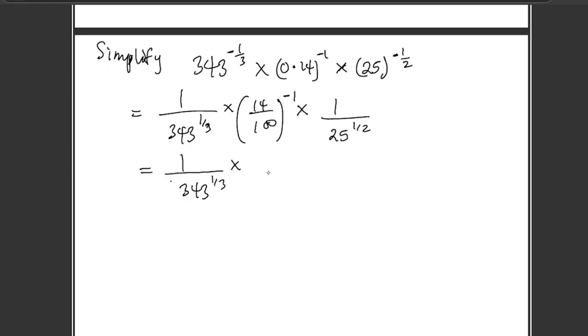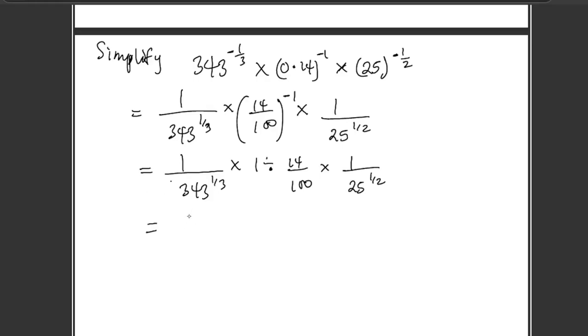We also do 1 divided by 14 over 100, times 1 over 25 to the power 1 over 2. But I said anytime you have 1 divided by a fraction, don't bother to start dividing, right? Just invert the fraction. Take the 1 at the bottom up, and the top down to the bottom.